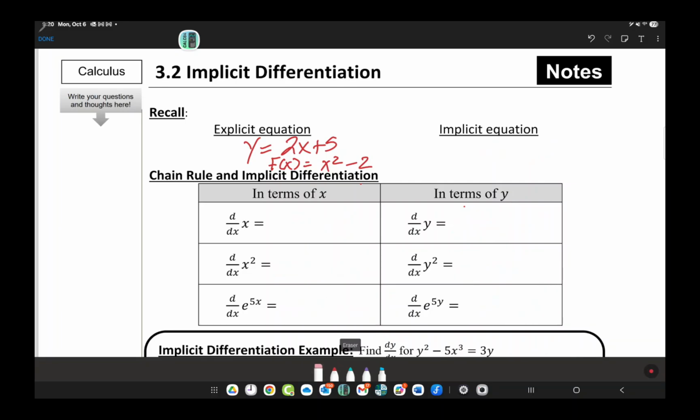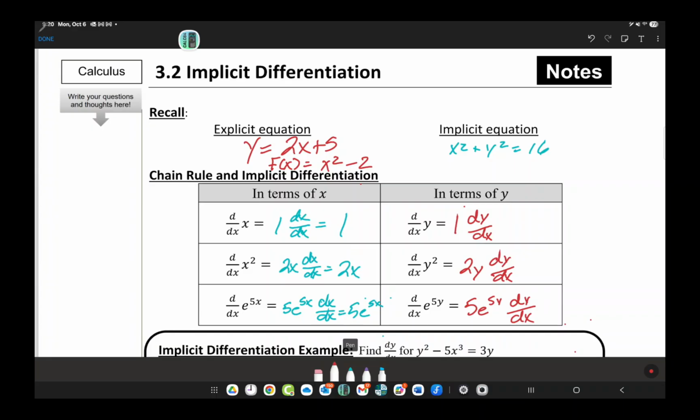Now, what is dy dx? It is just another form of y prime.